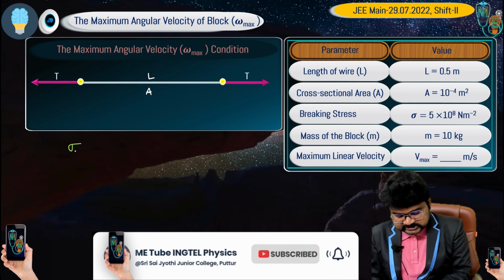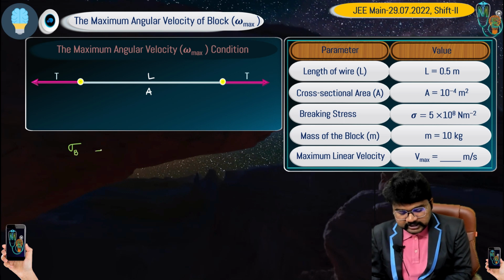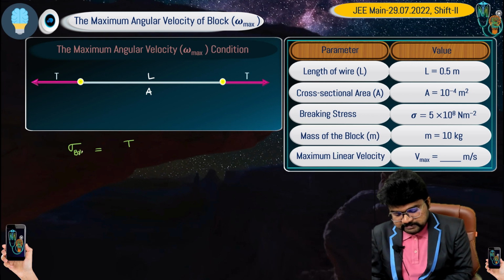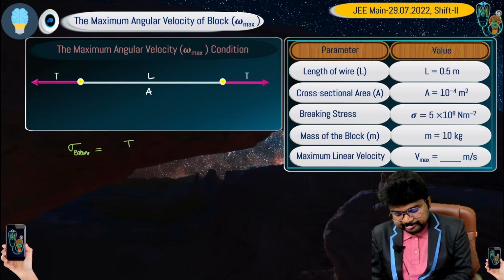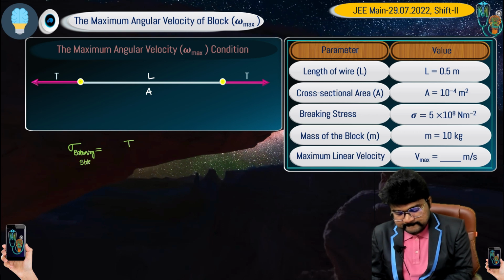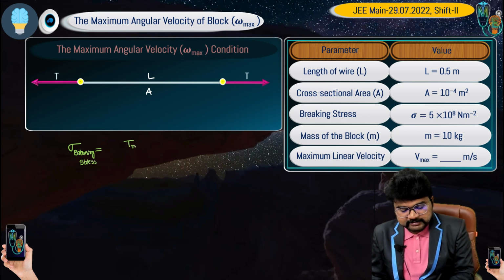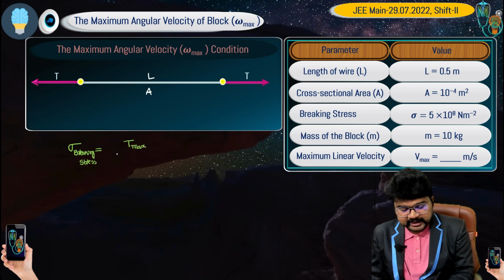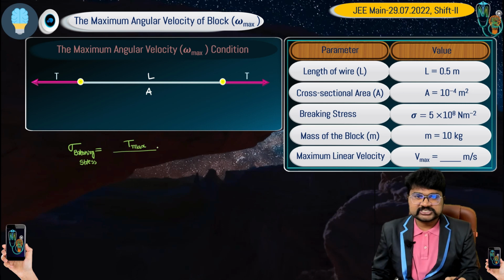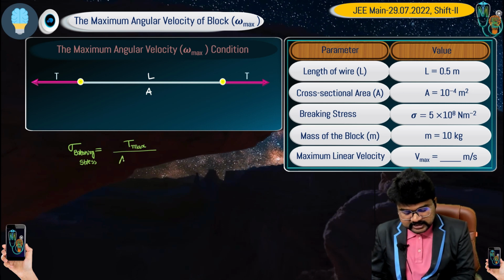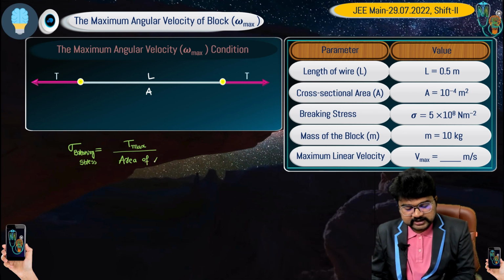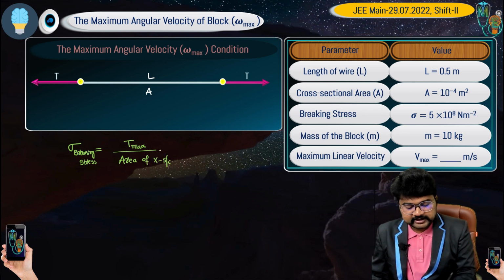Sigma B, the breaking stress, equals T maximum, the maximum load acting on the wire, which is tensile in nature, divided by the area of cross section of the wire.